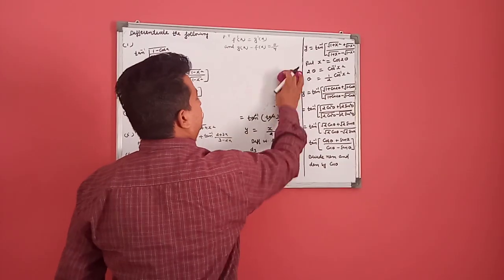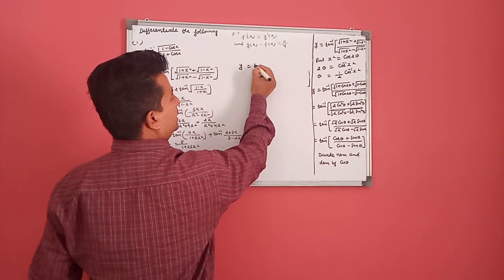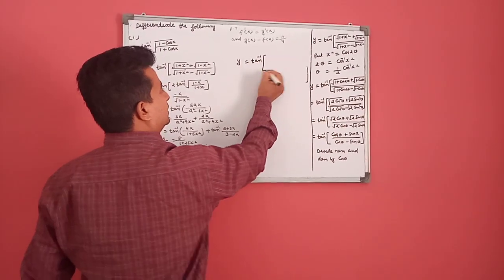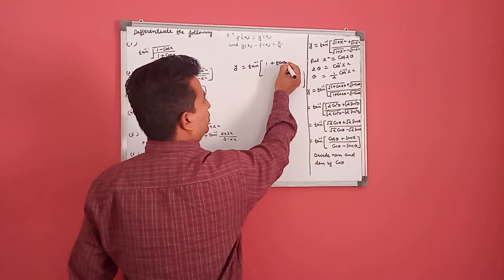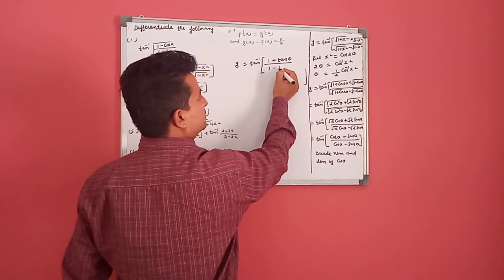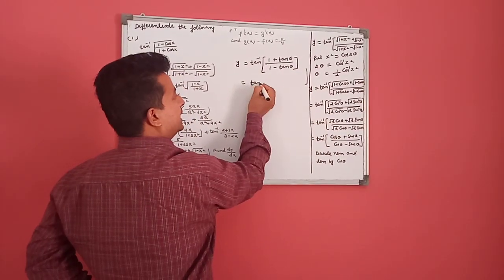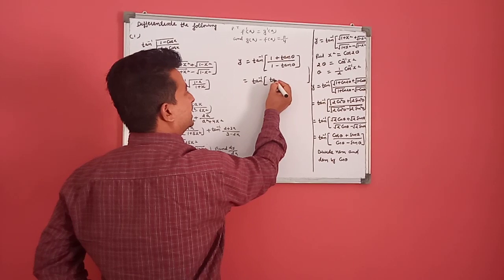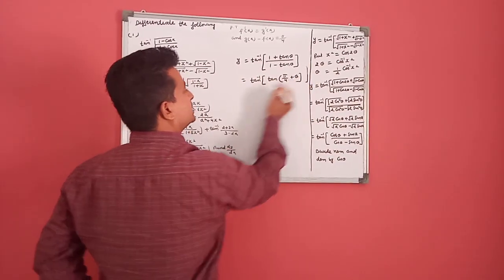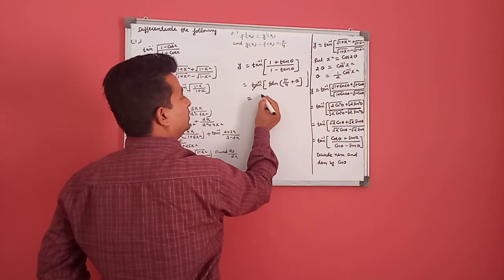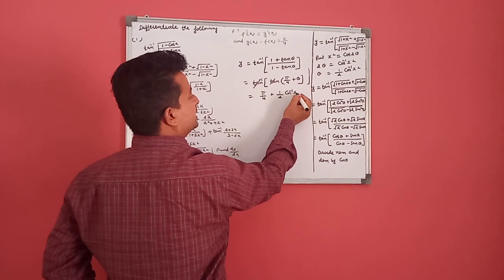That's we get, this becomes y is equal to tan inverse, cos upon cos is 1, sin upon cos is tan, this is 1 minus tan. As we know, 1 plus tan theta upon 1 minus tan theta is equal to tan of pi by 4 plus theta. This cancels out, pi by 4 plus the value of theta.